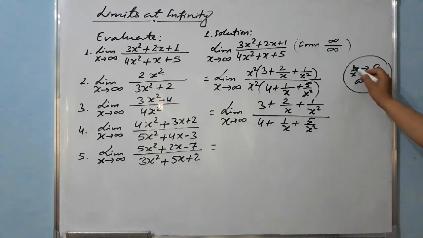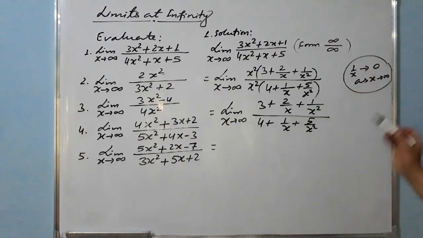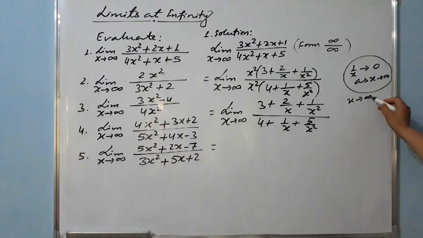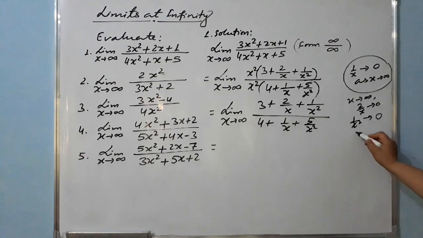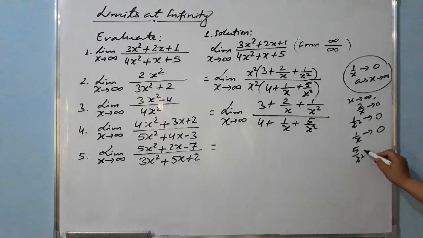It doesn't matter whether it is 1, 2, 3, any real number except 0, it always tends to 0 as x tends to infinity. So 2 upon x tends to 0, 1 upon x² tends to 0, 1 upon x tends to 0, and 5 upon x² also tends to 0.